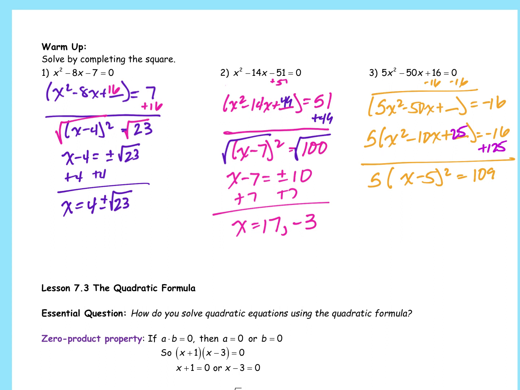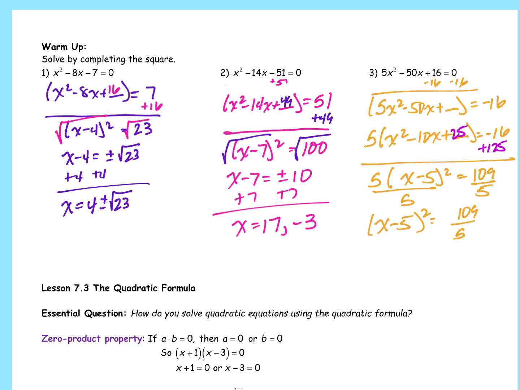Okay. And then I'm going to divide by 5. And I've got x minus 5 squared equals 109 divided by 5. Oh, I haven't taken the square root yet. Sorry. No plus or minus yet.